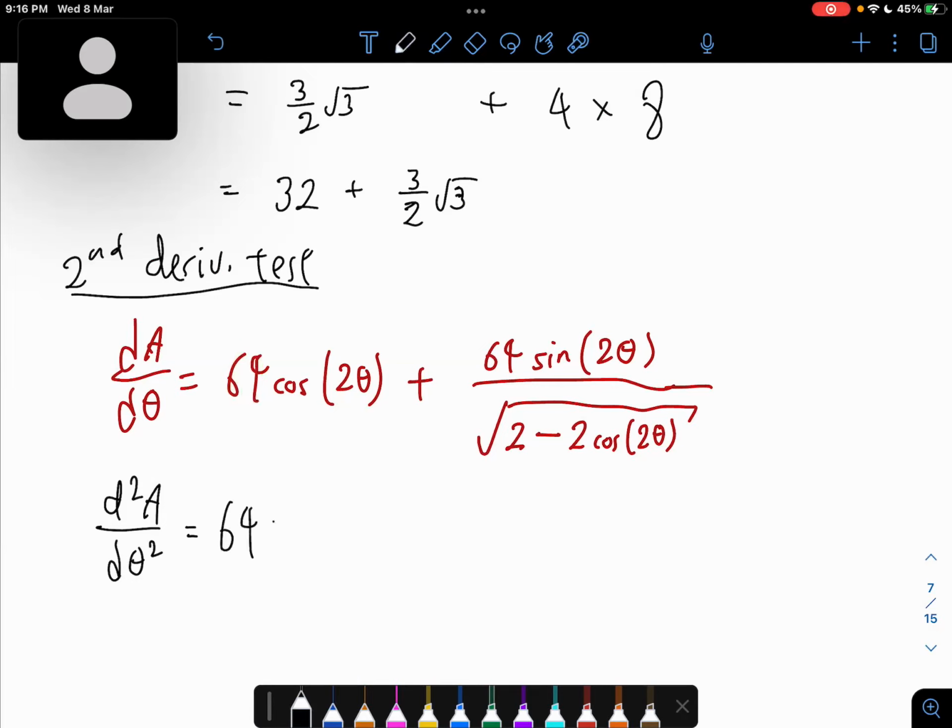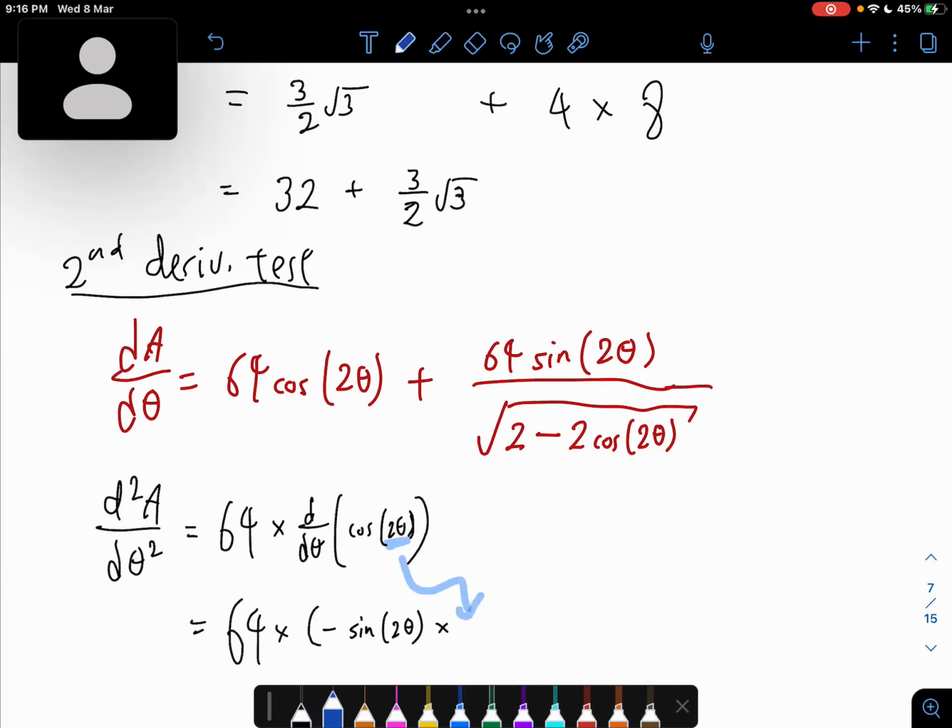Leave it alone, 64, times d over d theta of cosine 2 theta, which would just be negative sine 2 theta. Don't forget the 64. What else? Times 2. Must remember chain rule. So you still need to do times 2. Close the bracket. Okay, that's the first term done.